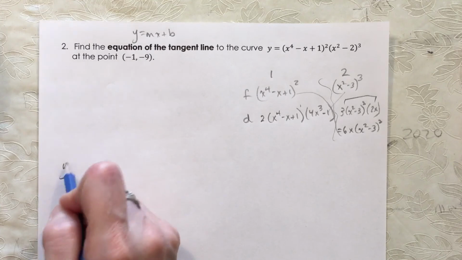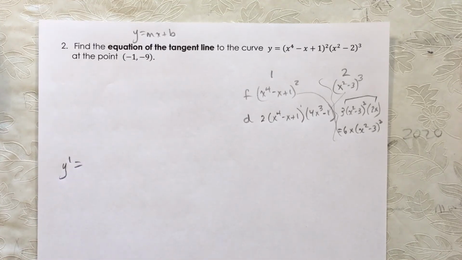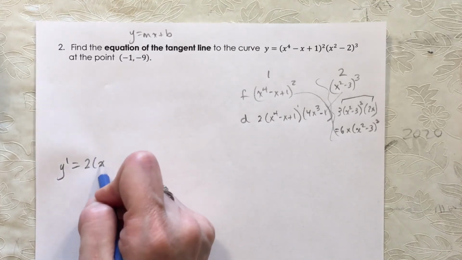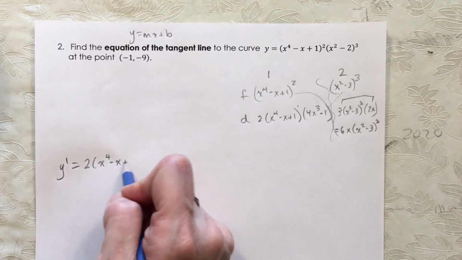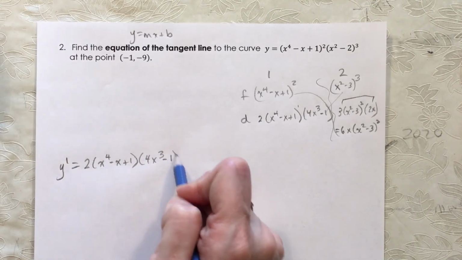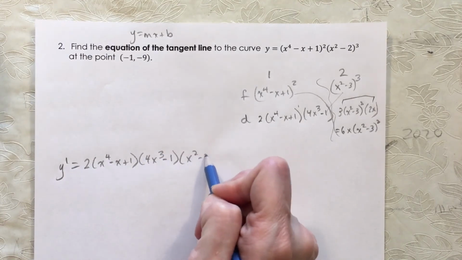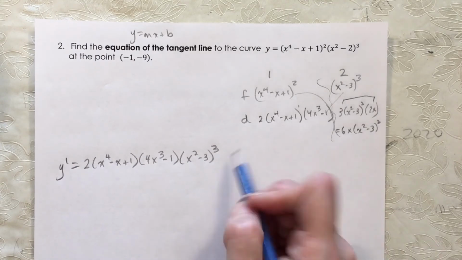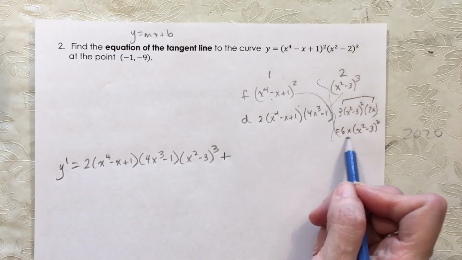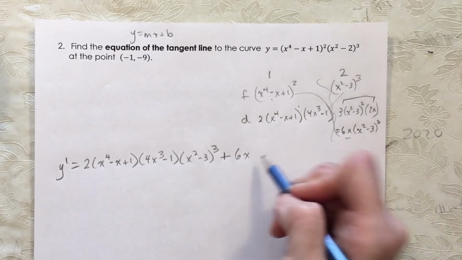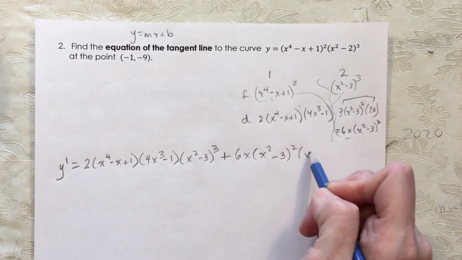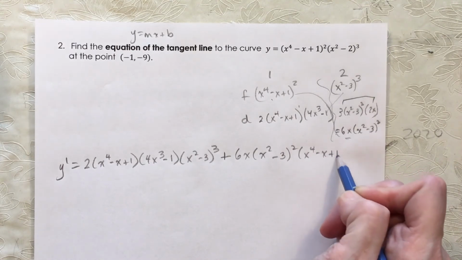So y prime is the derivative of the first times the second. So 2 times (x to the fourth minus x plus 1) times (4x cubed minus 1) times (x squared minus 3) cubed, plus the first times the derivative of the second, monomial first, 6x times (x squared minus 3) squared times (x to the fourth minus x plus 1) squared.